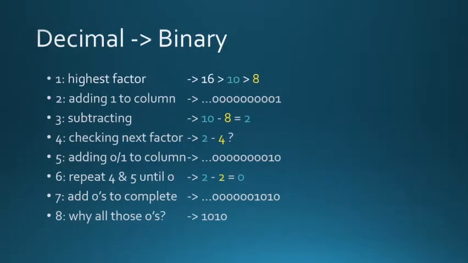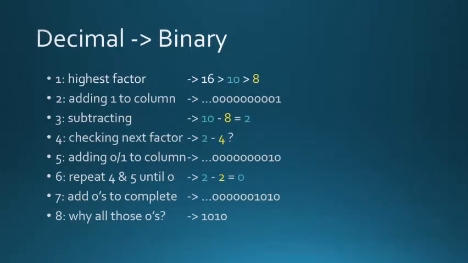Now I'm going to show you how you convert a decimal number into a binary one in 8 steps. The first step is we will take our highest power of 2 and we will subtract it from our decimal number. So we will check 16, that's a power of 2, that's greater than 10.